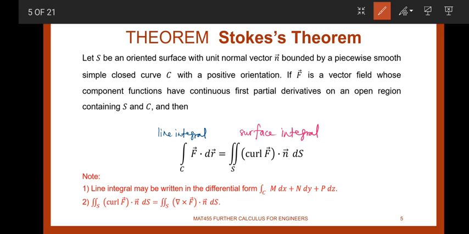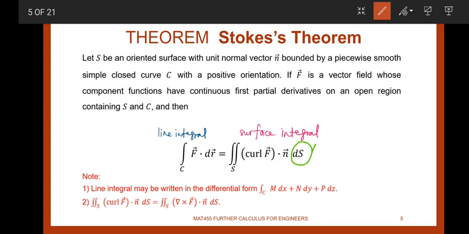Now we have the relationship between line integral and surface integral. Your left side is the line integral for your curve C, which equals the double integral, the surface integral. For the surface integral, the curl of your vector field F must be dotted with the unit normal n, and then we have your dS.